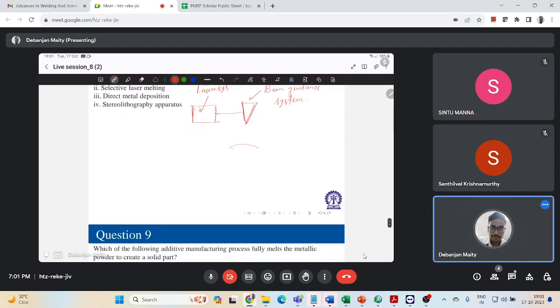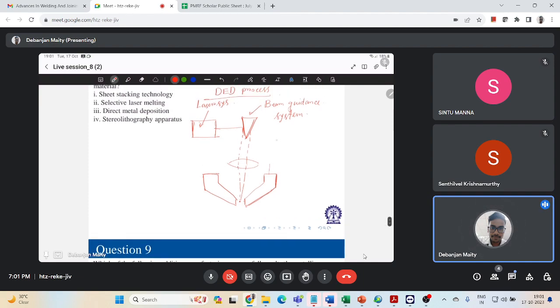Then you have this lens over here. This is my laser, and this is getting focused on a local spot, and we'll have some kind of deposition here, which is connected to a powder supply.